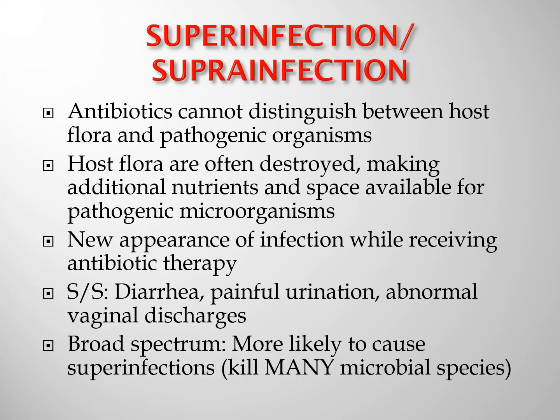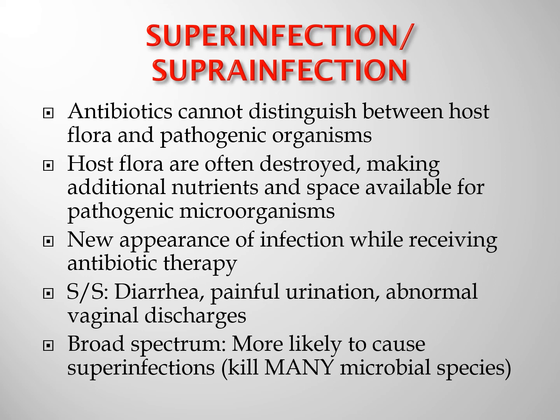Okay, so these superinfections, whether we're talking about Clostridium difficile or oral thrush, which is candidiasis, or a yeast vaginitis, these occur because the antibiotics are just going to destroy the host flora, bacteria, which are normal and healthy, and also the bacterial infection that you're trying to treat.